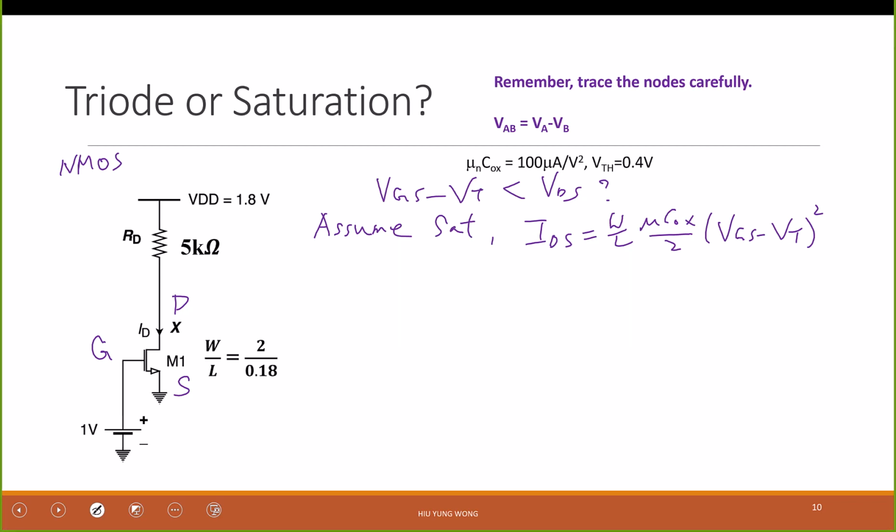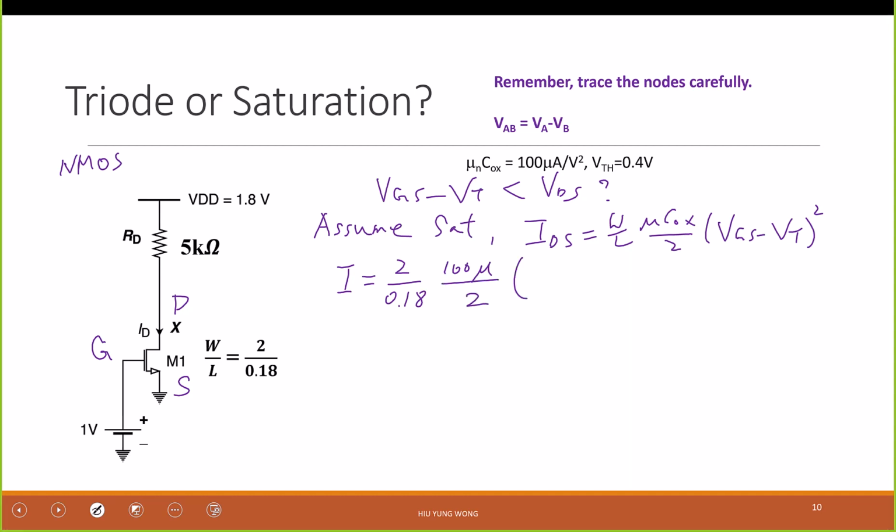So from here, I can start doing some substitution, right? I have W on L, I have mu C ox given, I have VT. How about VGS? W on L is 2 divided by 0.18. Mu C ox is 100 micro, and then divided by 2.